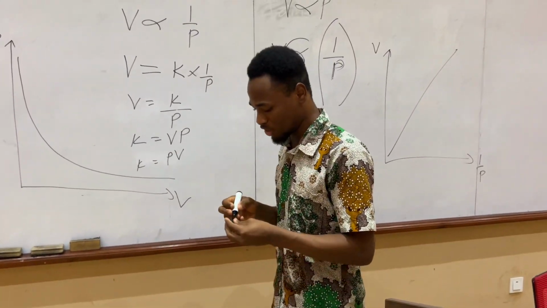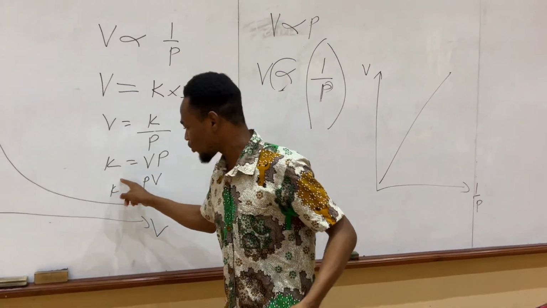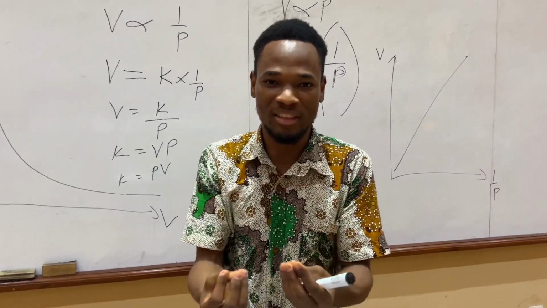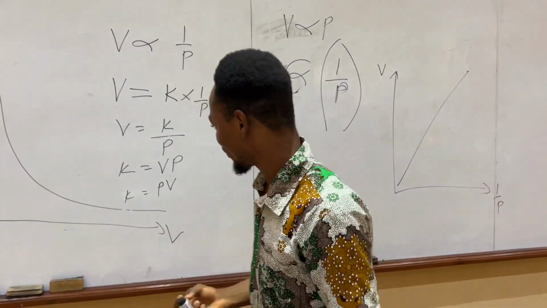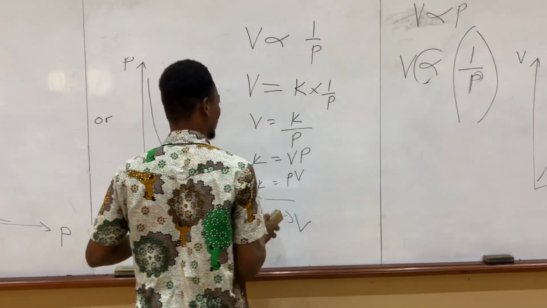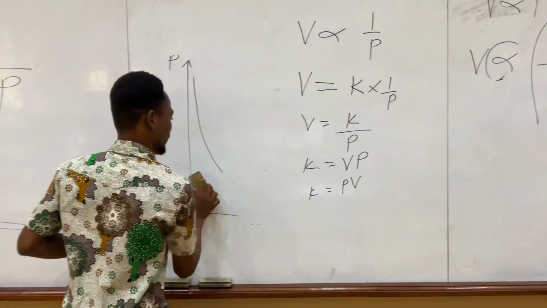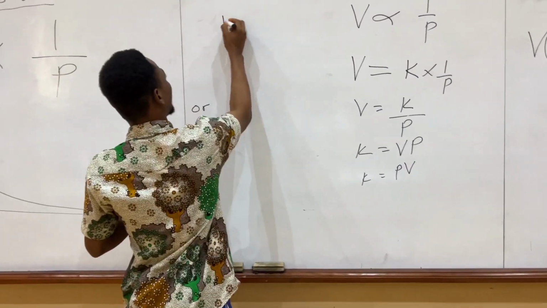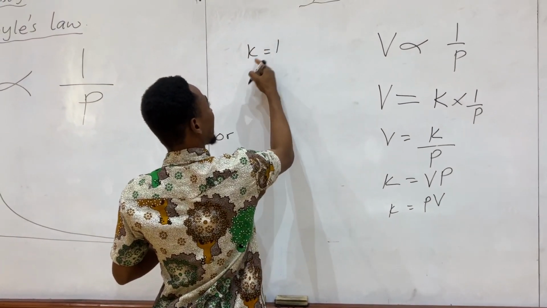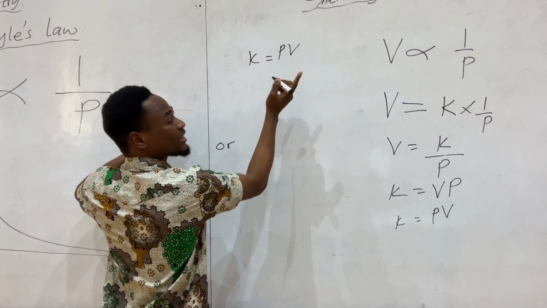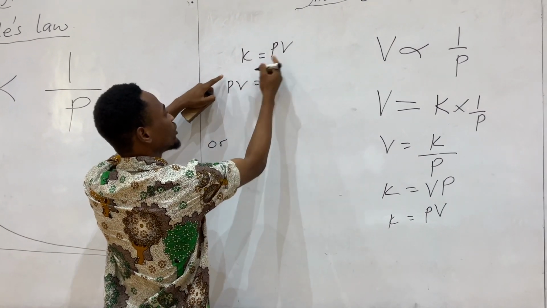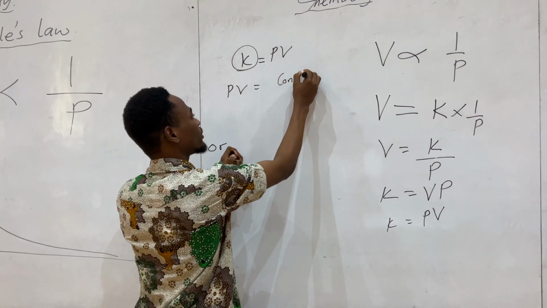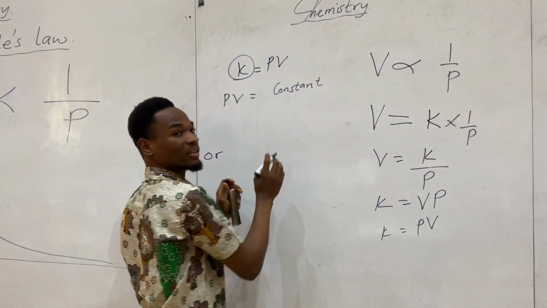So now if I have it this way, what does the constant represent? Now what does it mean? It means something. So whenever you see something of this nature, if I'm saying K is equal to PV, this is the same as me saying my PV is equal to K, a constant.